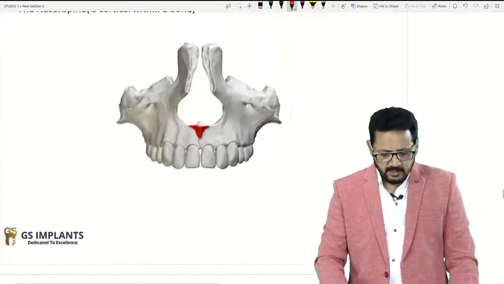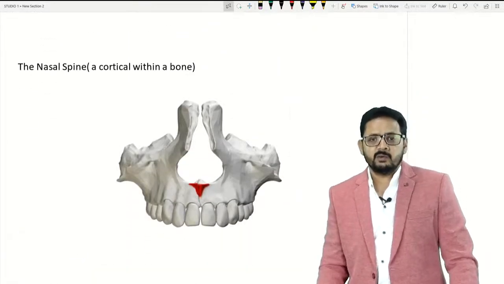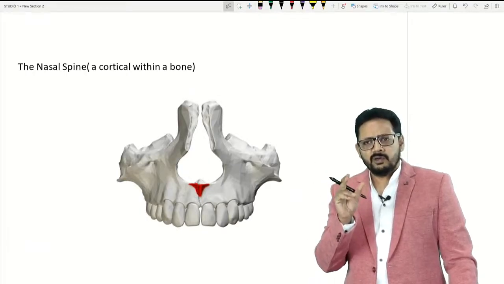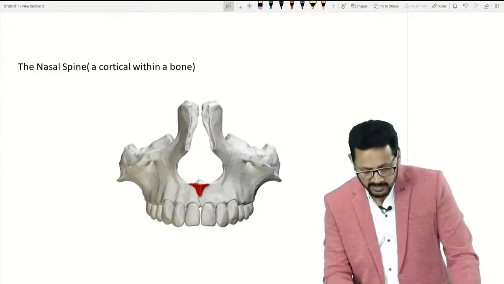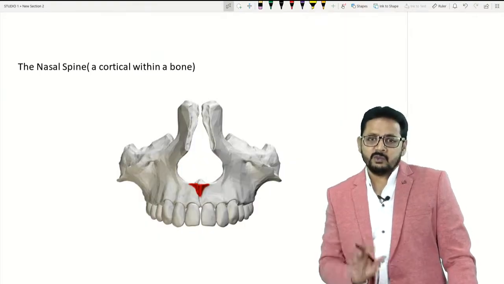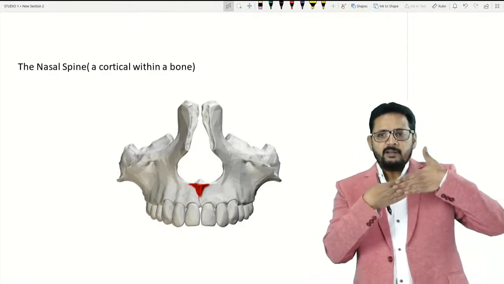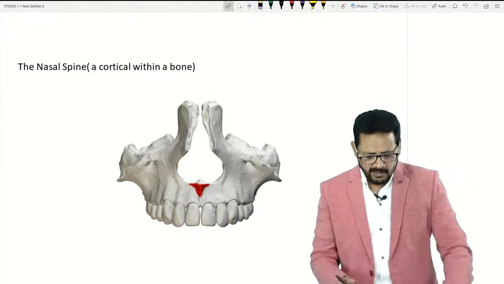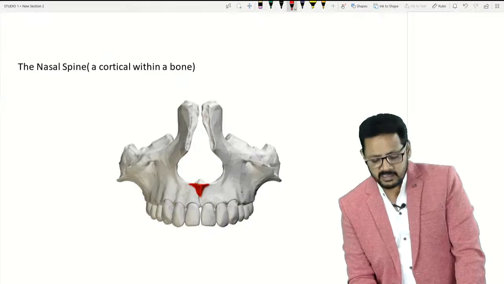So next, the nasal spine, as I already explained to you, is a very thick cortical bone. As I already told you, it is a cortical bone within a cortical bone, right? So this area you can use to your advantage whenever you have a concave palatal or a very narrow ridge.